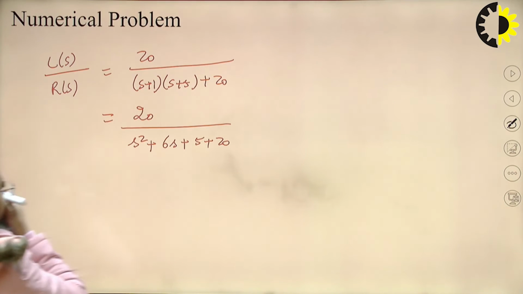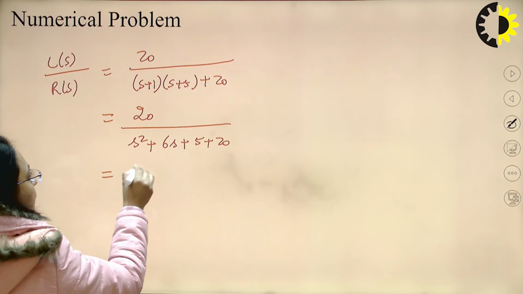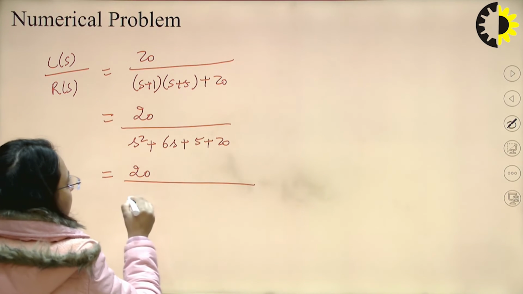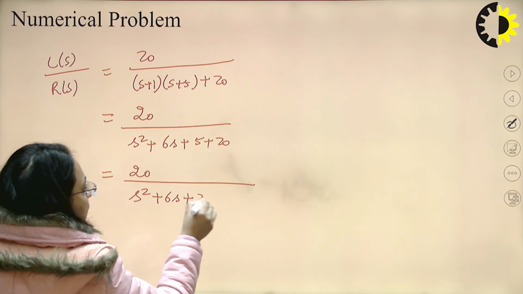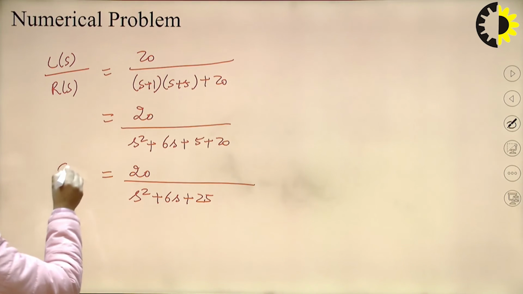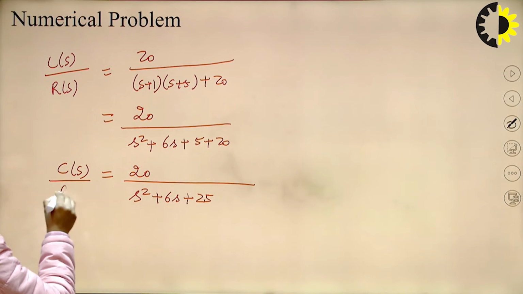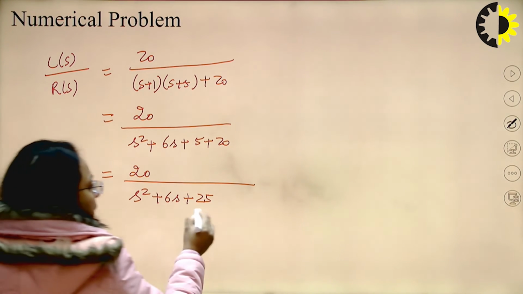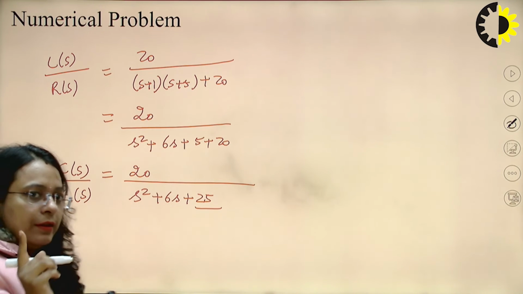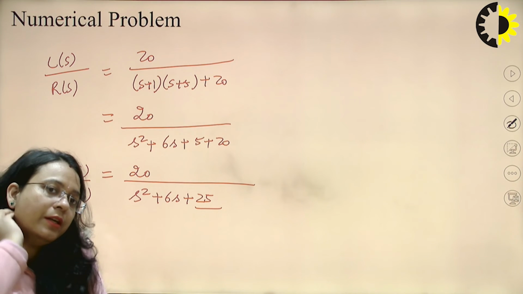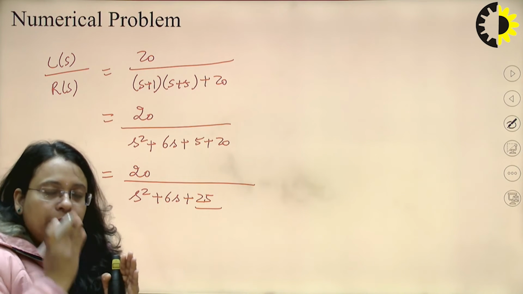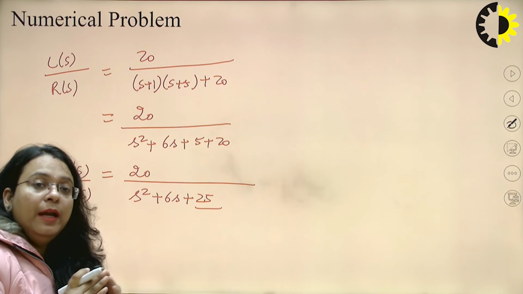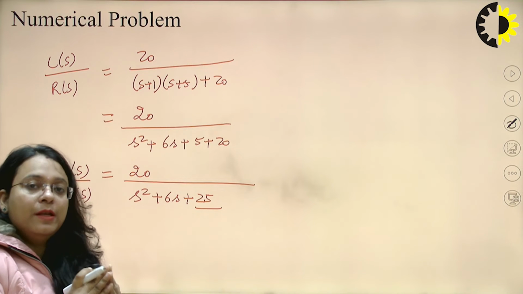So I will write down the value as s square plus 6s plus 25. One point to be kept in mind here: the standard transfer function is omega n square upon s square plus 2 zeta omega n s plus omega n square.